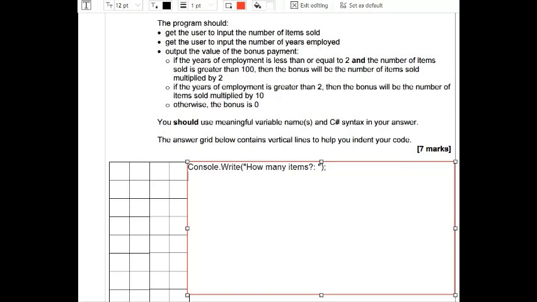But hey. Then we need an integer variable called items. Convert.ToInt32, Console.ReadLine. If you have 2 open brackets, gotta have 2 closing brackets. Then we got the items.